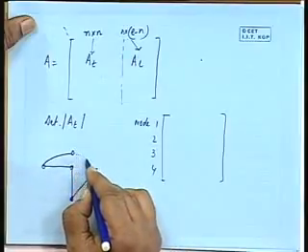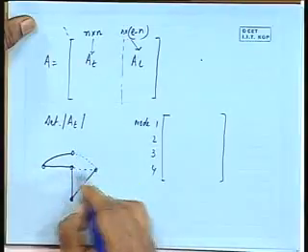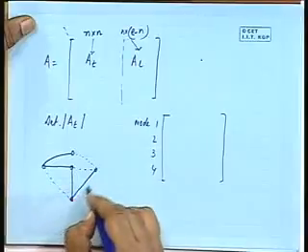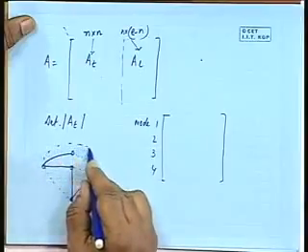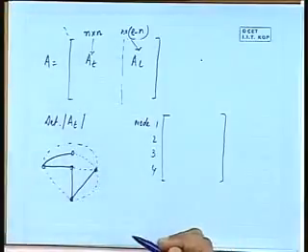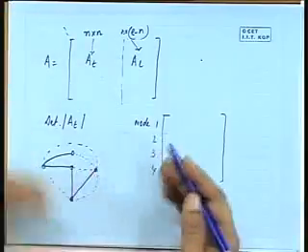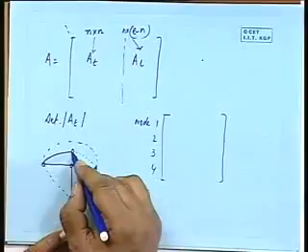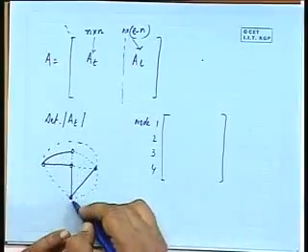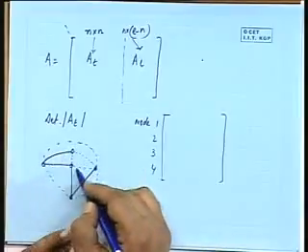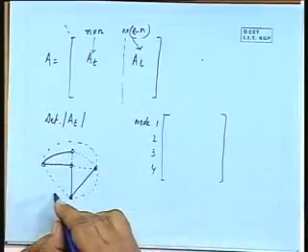These are the possible links. There can be many more connections, a connection here also. These are the nodes given. I choose this as the reference.